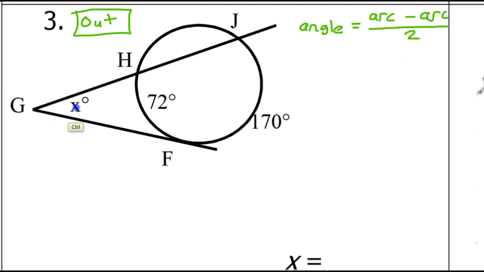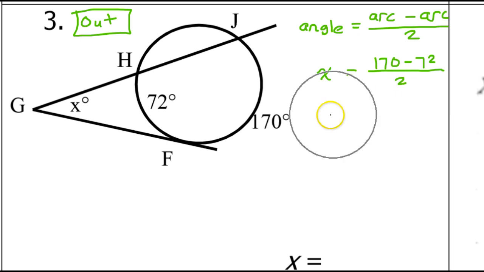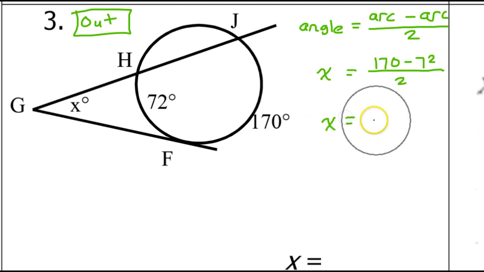The angle is what we're looking for, so x is equal to, and we need to do the big arc minus the small arc, so that's 170 minus 72 divided by 2. So that's 98 divided by 2, which is 49.